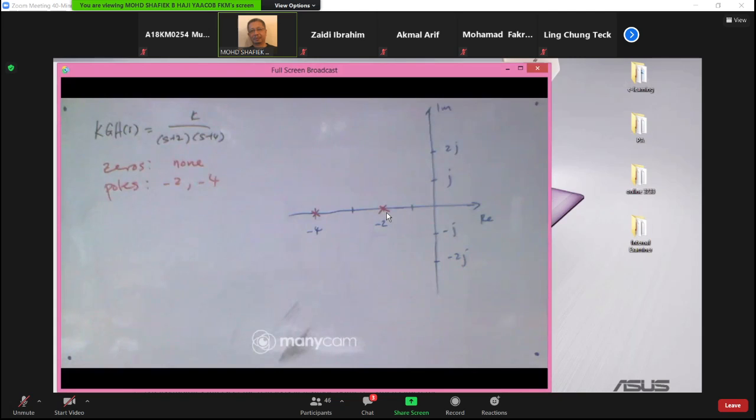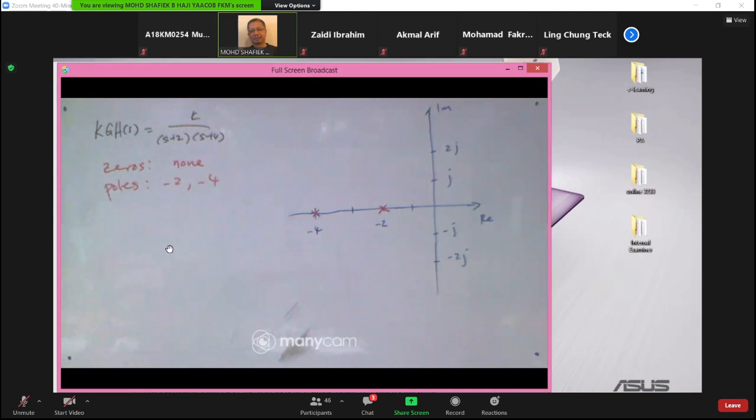There's the first pole, which is the odd number pole. There is the second pole, which is even. On the real axis, the locus only exists to the left of the odd number poles and zeros. So to the left of -2, you're going to have the locus. To the left of -4, you don't have a locus because this is already even.